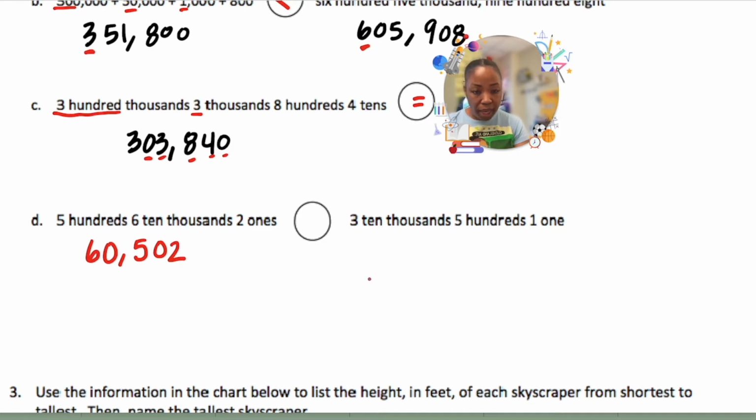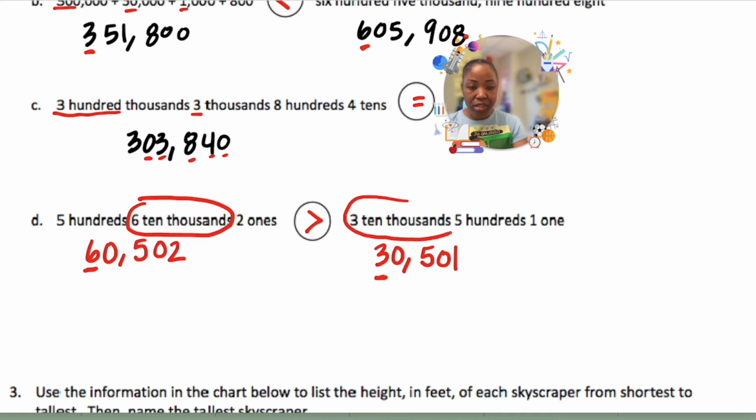For over here, we have 3 10,000s, 500, 1 one. So for the thousands, we have 3 10,000s, that's 3 tens or 30,000, 501. Let's start with the greatest place value. Compare 3 10,000s to 6 10,000s, and that is greater than. We could even see it here.